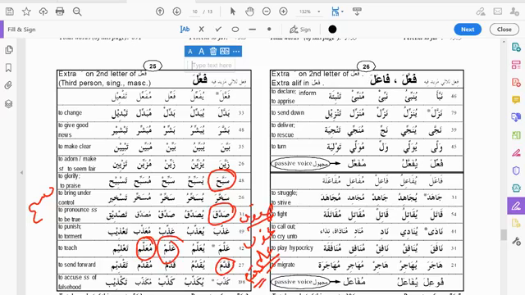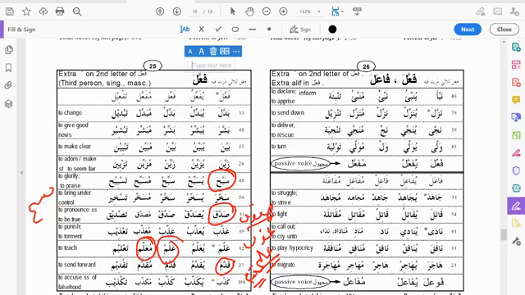Now remember, قدم would mean to come, but قدم would mean to present, to put forward, basically to put somebody or something in the spotlight.